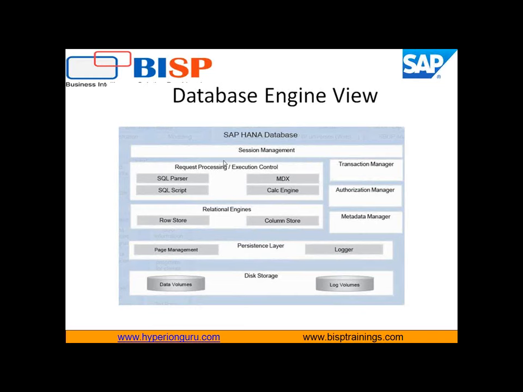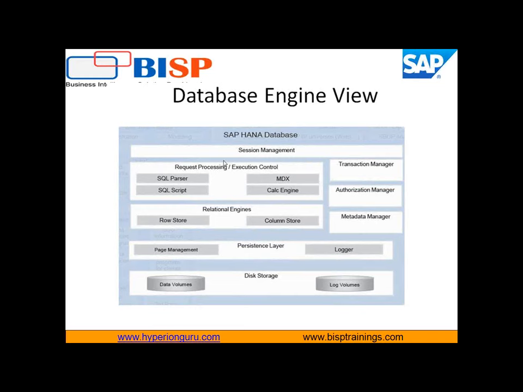Whatever schemas and data models we develop are available in the metadata manager, and that information can be read from the metadata manager. The SQL script will redirect the request accordingly, once authorization is done, as to how it has to be allocated. And if it is a row store and column store relational workload, the readings can be done with the help of relational engines.